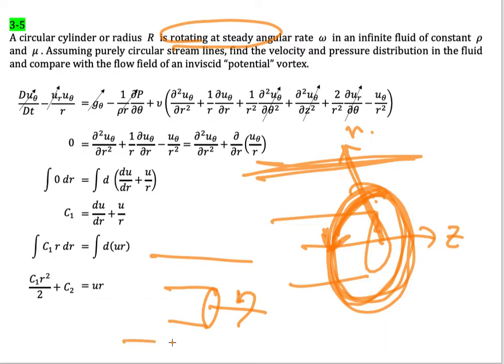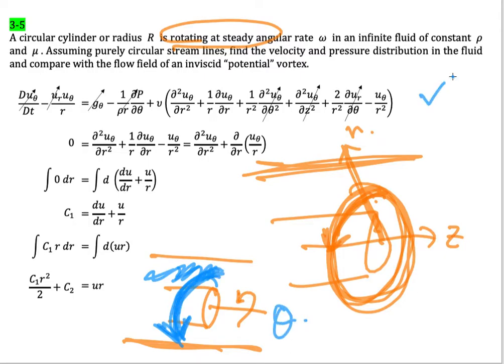If we have a gap here, we assume that the fluid in between will also be influenced by the rotation, so it will rotate in this direction. So this axis is theta. We need to use the Navier-Stokes equation for the theta axis.